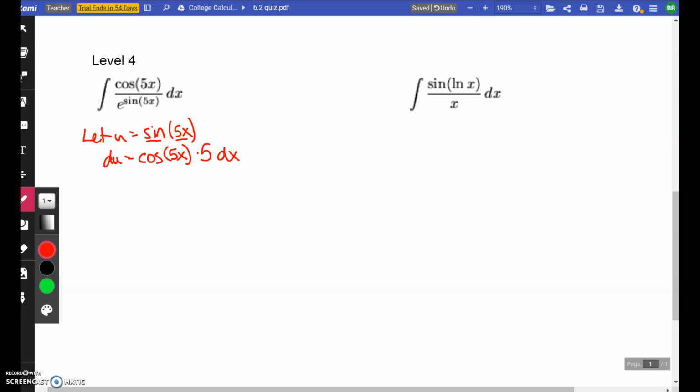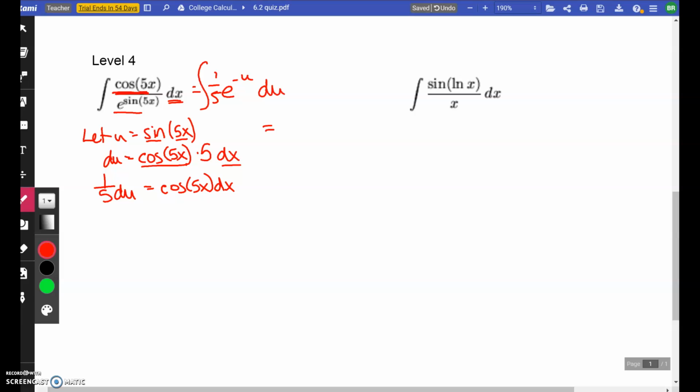Which is good because that part of it is already in my integral, so we'll just keep going here. Convert over. I've got e to the u in the denominator, so I'm going to bring that up as e to the negative u. Cosine of 5x dx, cosine of 5x dx. I'm going to bring the 5 over with the chain rule. A lot of people on the assessment did forget the chain rule.